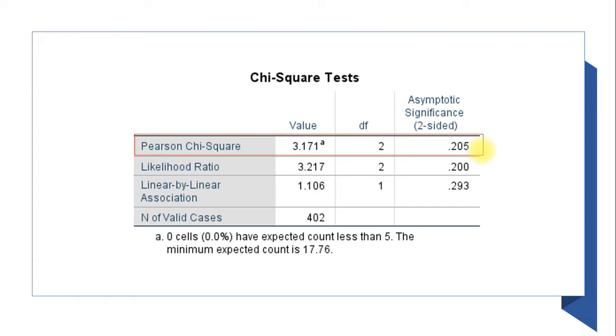So it is very clear from the graph and from the chi-square test statistics that there is no association between gender and the smoking habit. There is no relationship between being a male or female and their smoking habits.